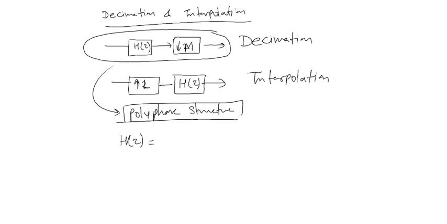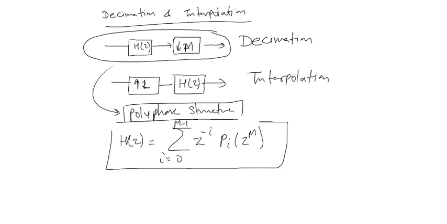H of z is the sum of z to the power of minus i, P i of z to the power of M, where i goes from 0 to M minus 1. So this was the polyphase implementation of decimation, and the same is implementable for interpolation.